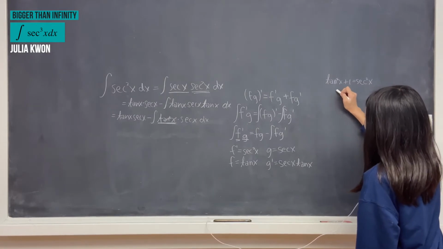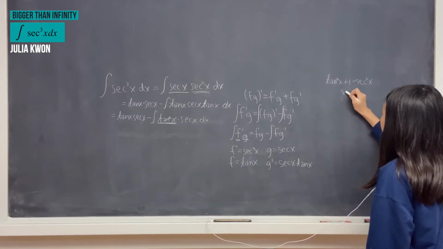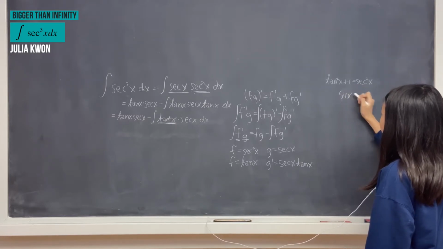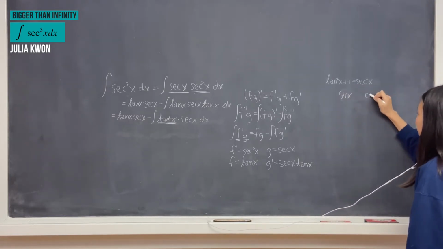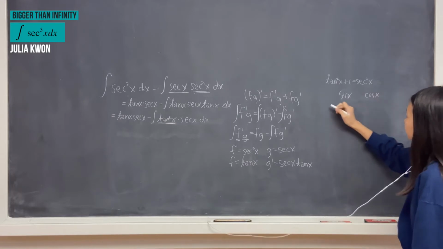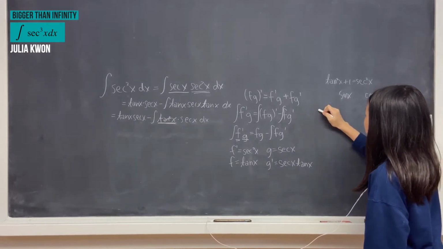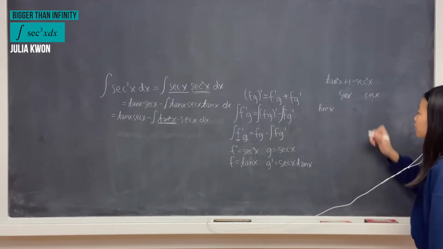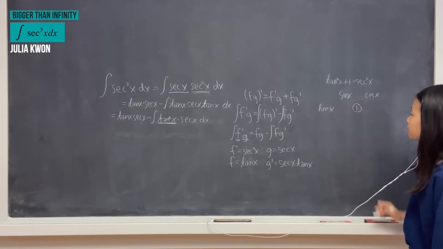So I first write sine over here, cosine over here, and tangent over here, with the 1 in the middle.